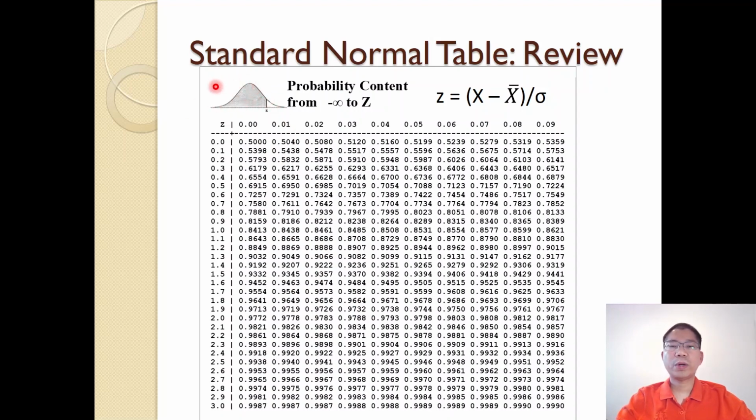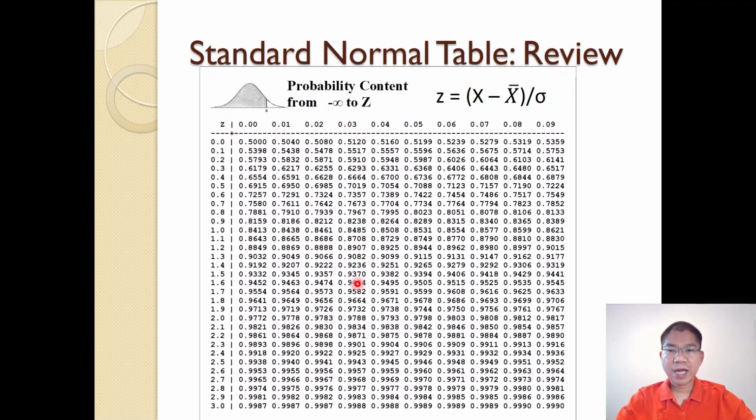The total area here is 100%, so the total probability is 100%. From the left of the Z, if we say Z is 2.23, then on the first column you need to find 2.2, and the 3 is the second digit after the decimal, so you find the column with 0.03.